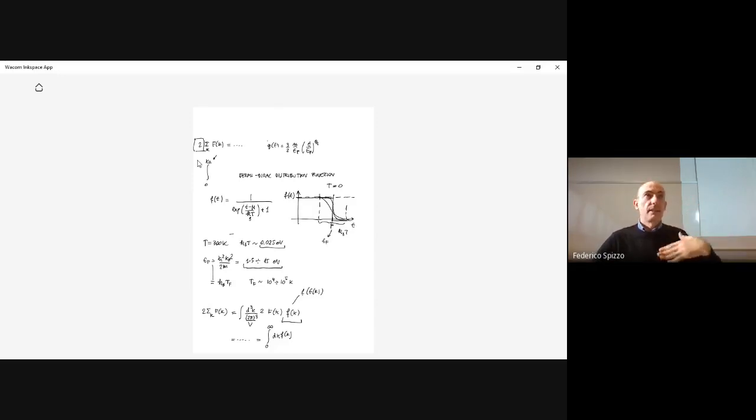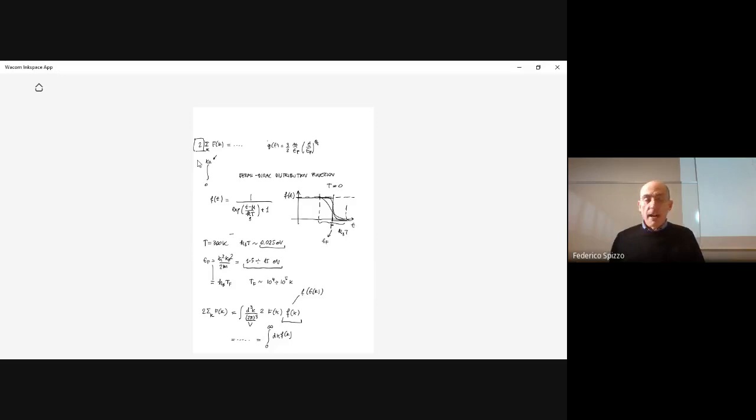Yesterday, I said that the upper value of k was kF. So I was implicitly saying, let's just sum up the electronic levels from 0 to kF, because I supposed that the temperature is equal to 0, so the Fermi distribution is a step function, with no occupied levels at energies higher than EF. But if the temperature is different from 0, I may not assume that, because I have electronic levels that are occupied also for energies higher than EF.